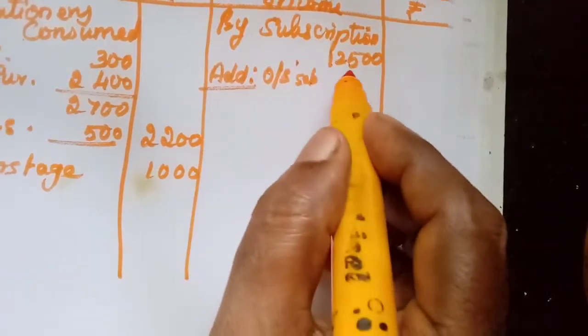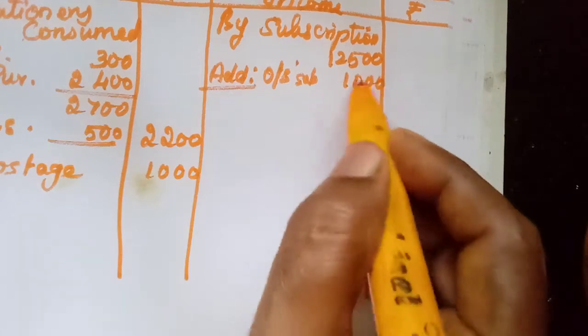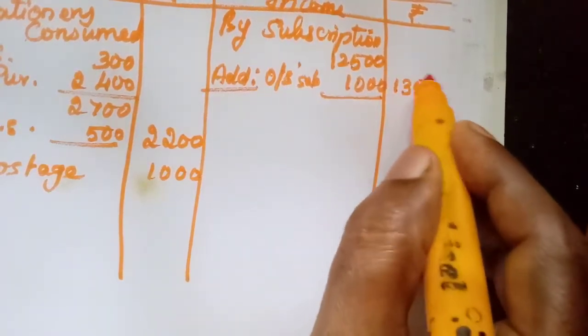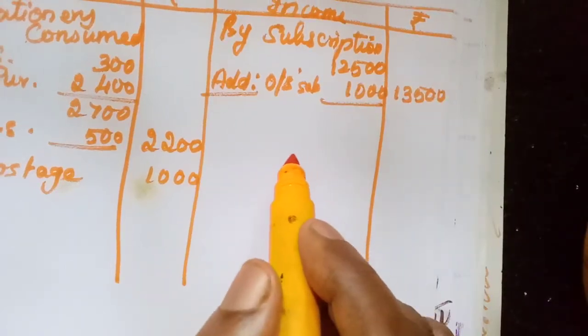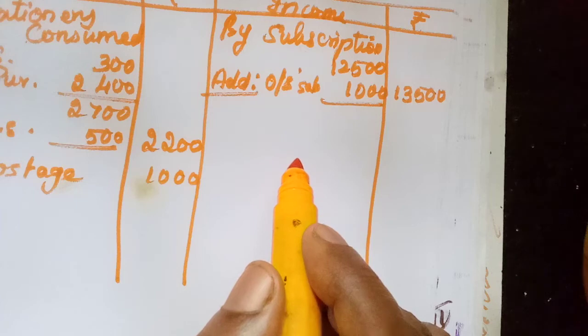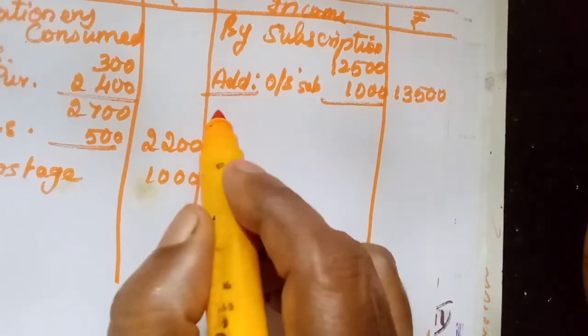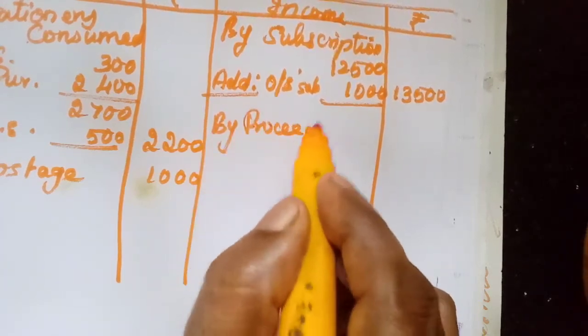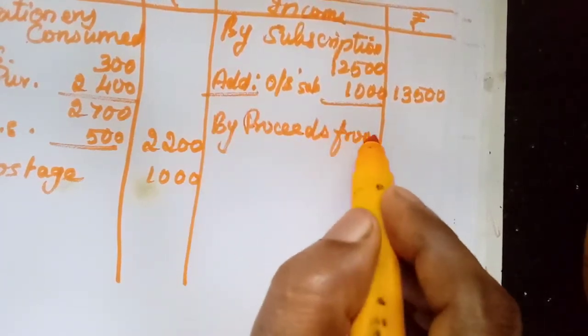How much? 1,000. So we will get 13,500. Understand? For this only they have given that additional information. Then subscription over. Then proceeds from entertainment, that is one income, by proceeds from entertainment.